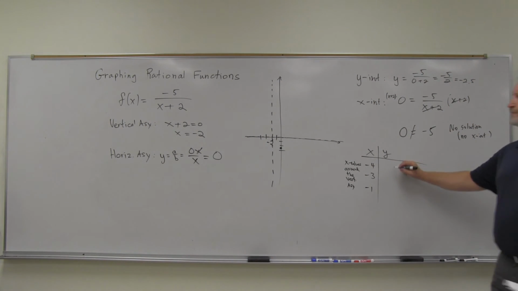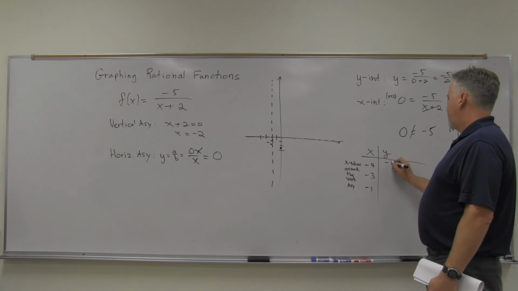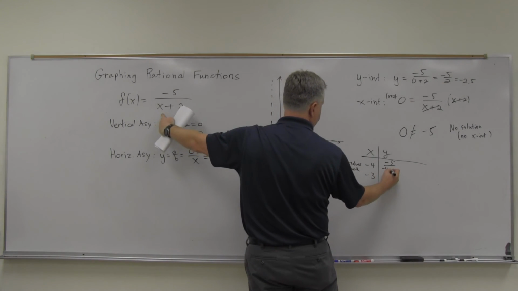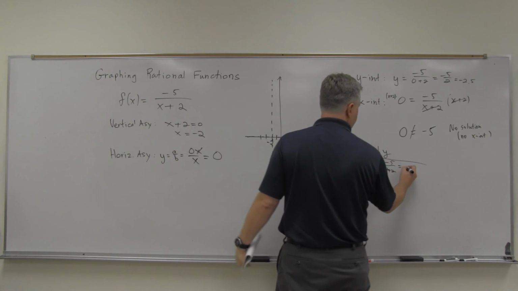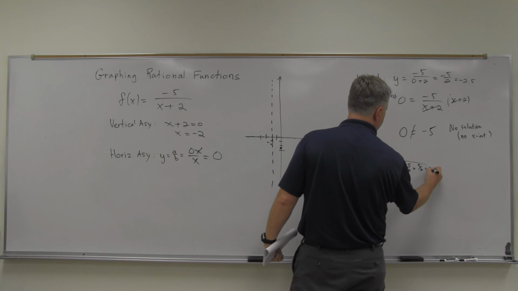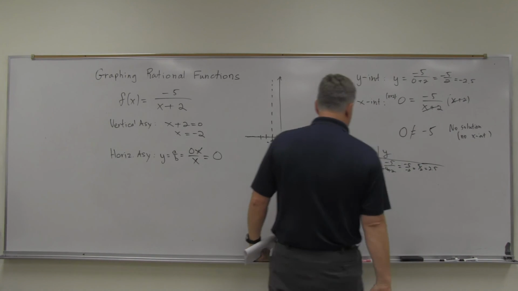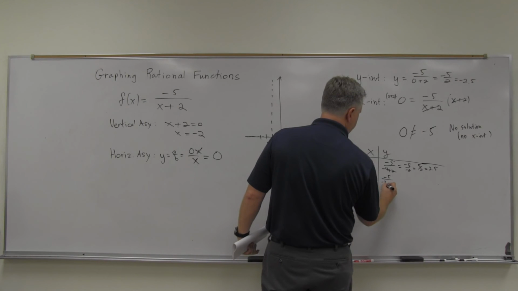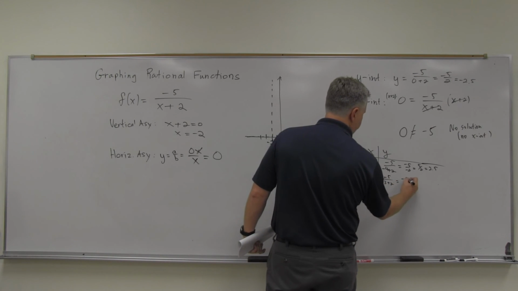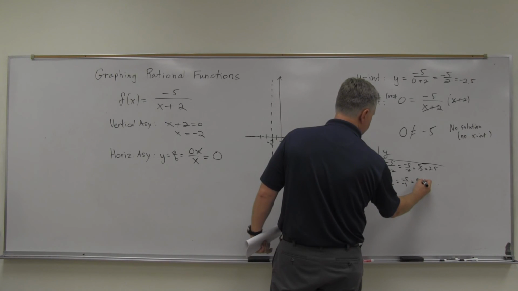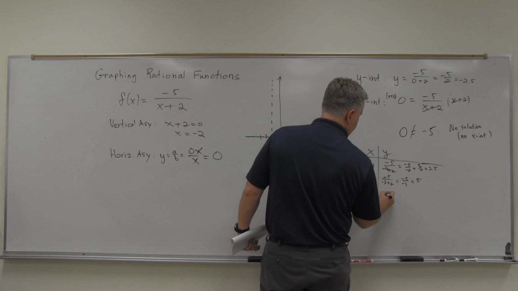All right, so -4, we've got -5 over, just plugging x to be -4, -4 plus 2. So that's -5 over -2. That's positive 5 halves or 2.5. And -3, we've got -5 over -3 plus 2. So that's -5 over -1, which is positive 5. And then at x equals -1, we've got -5 over -1 plus 2.